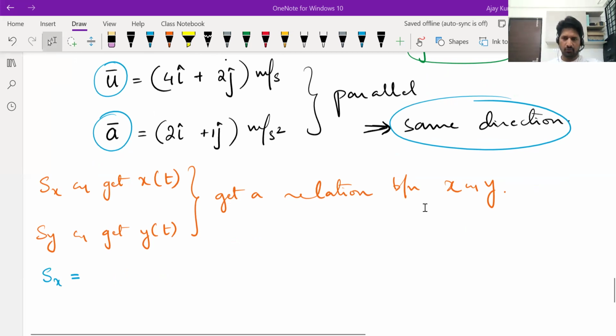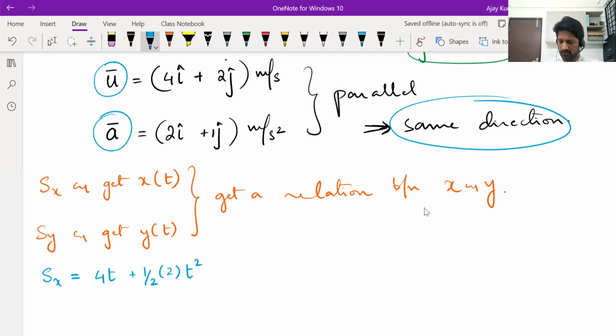Correct. So if you want only in the x direction, then you take uxt plus half axt square. How much is ux? X component of initial velocity? 4. Correct. So ux t plus half. How much is ax? X component of acceleration? 2, sir. 2t square. Okay.